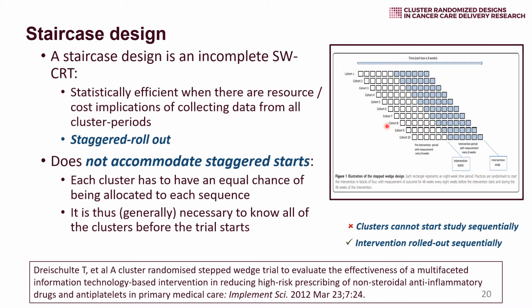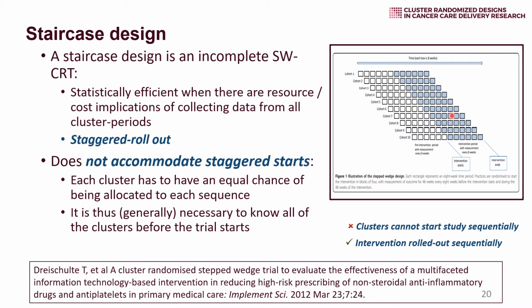We've got our 10 clusters here that are actually called cohorts in this particular schematic. For a period of time, each of the clusters is observed under the control condition, and then the clusters are randomly allocated to transition to the intervention condition, where they are observed under the intervention condition for a period of time.